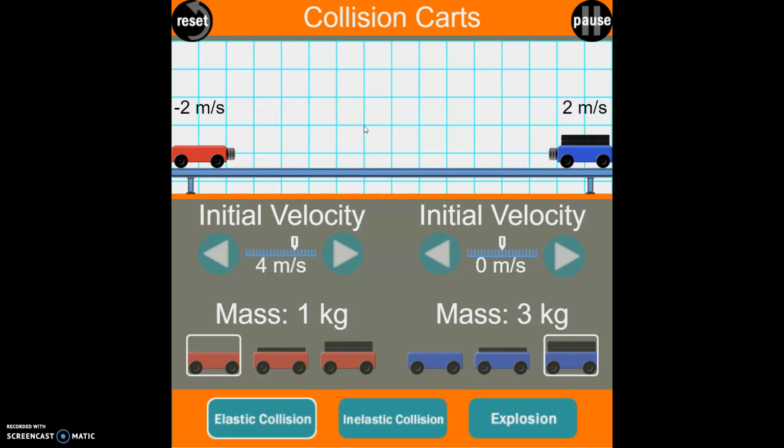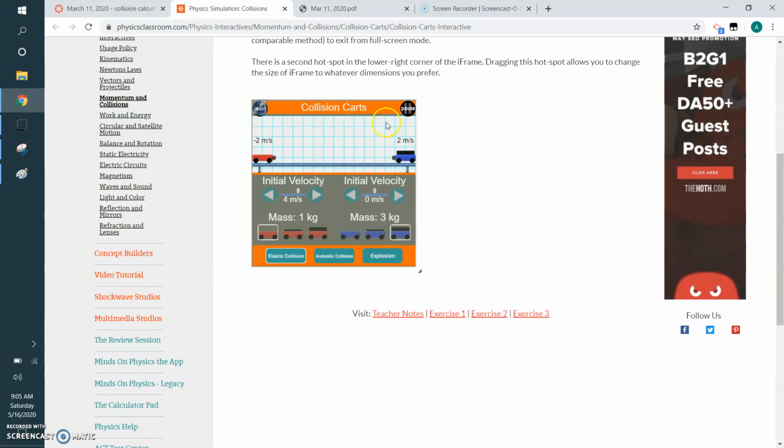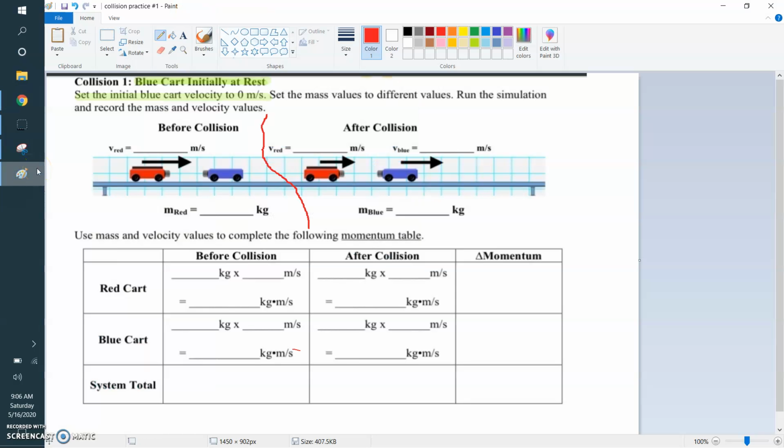Let's use this information to fill in the table that I was showing you earlier. So we had the red car at 1 kilogram and the blue car at 3. All right, let's go to our screen. The red car had a mass of 1 kilogram and the blue car had a mass of 3.